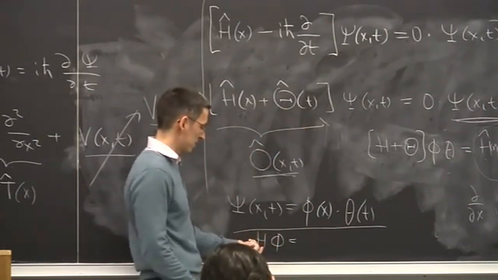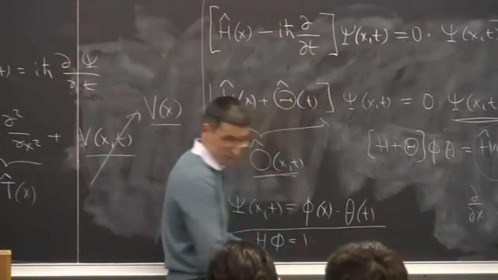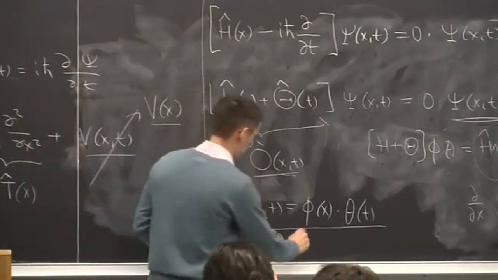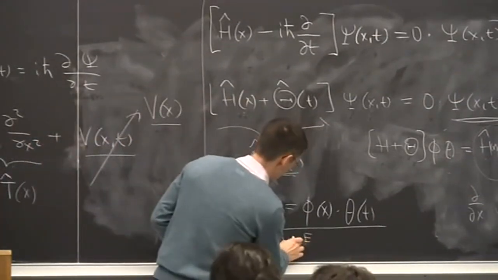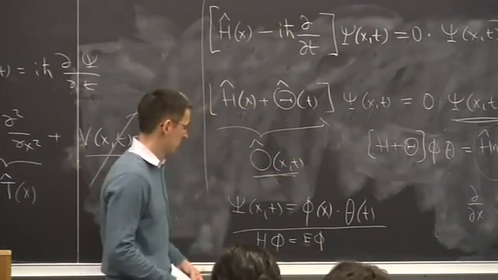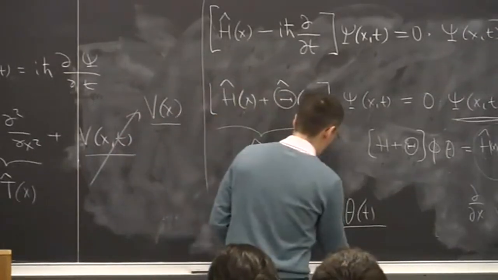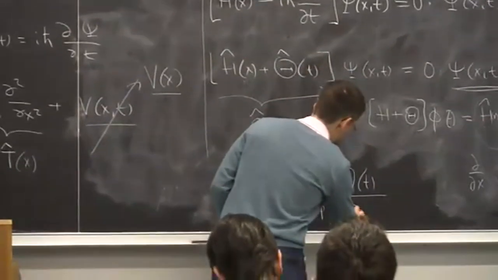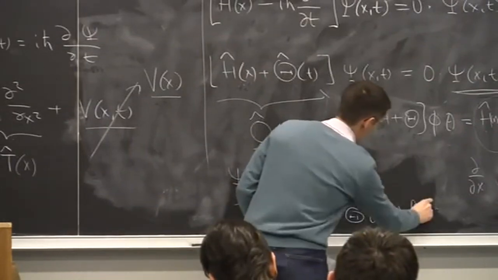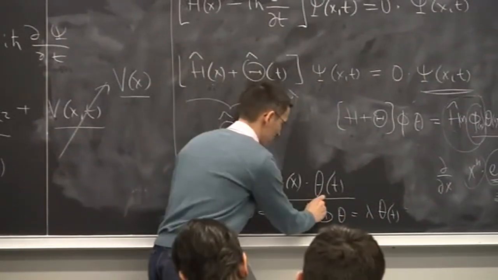So what I mean by this is, let me stick to my notes so that the notation will be the same, let's say h phi is e phi, right? So phi is an eigenfunction of h, and also theta: the operator acting on theta gives lambda theta, right? So the theta function is an eigenfunction of this operator, right?